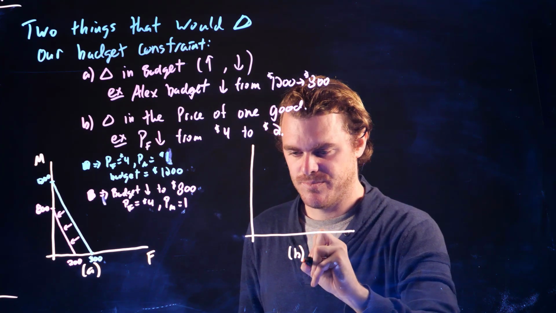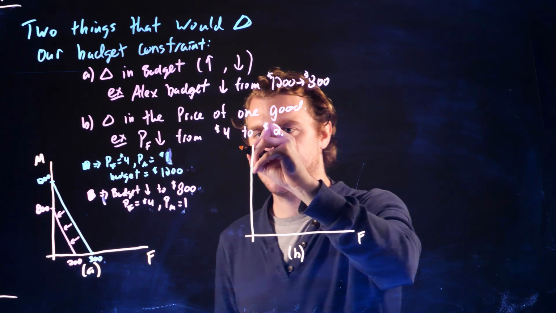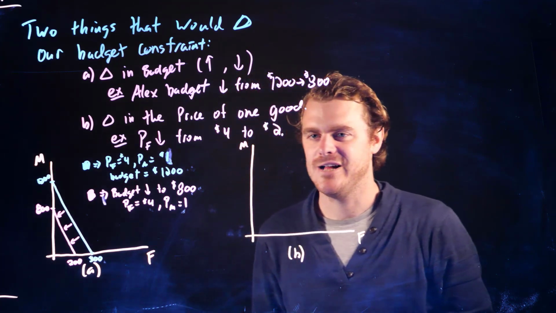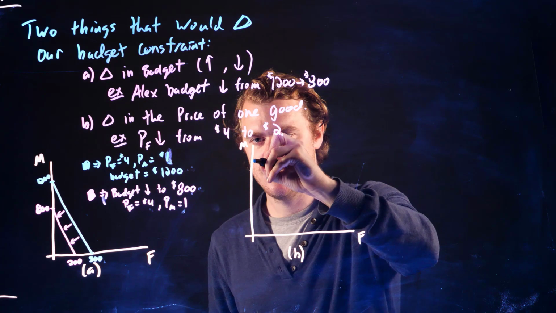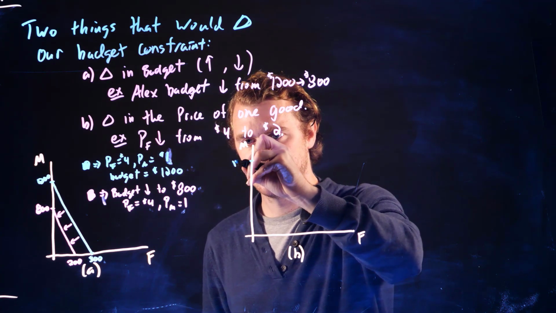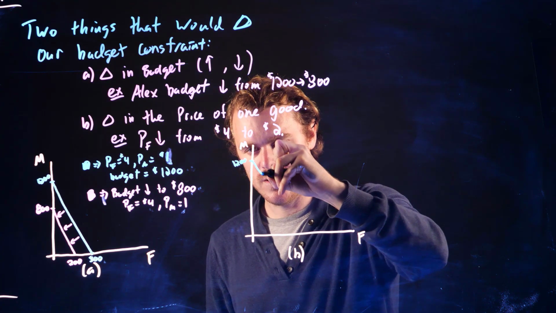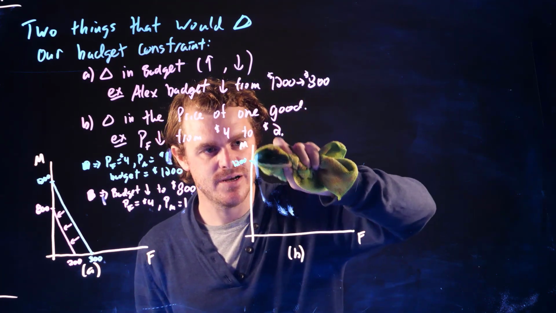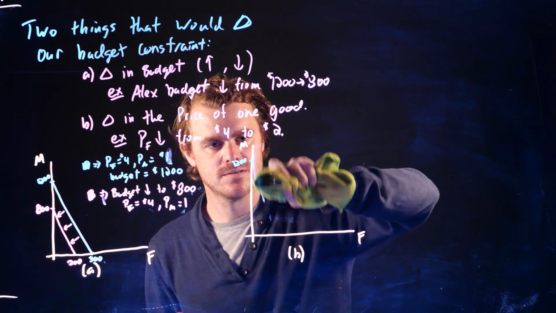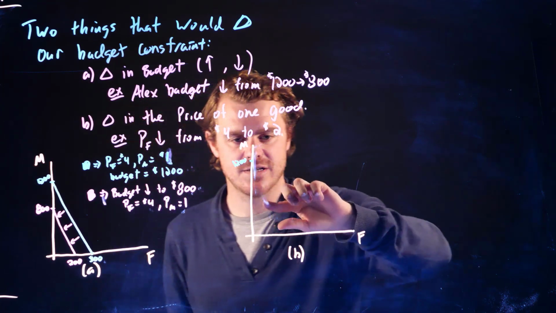So this is scenario B, and fish and mangoes, and hopefully my algebra is a little bit better. And again, let's use blue to show the original situation. So 1200, I guess I could have made this a little bit steeper given the numbers. Hopefully that's not too bad for you.